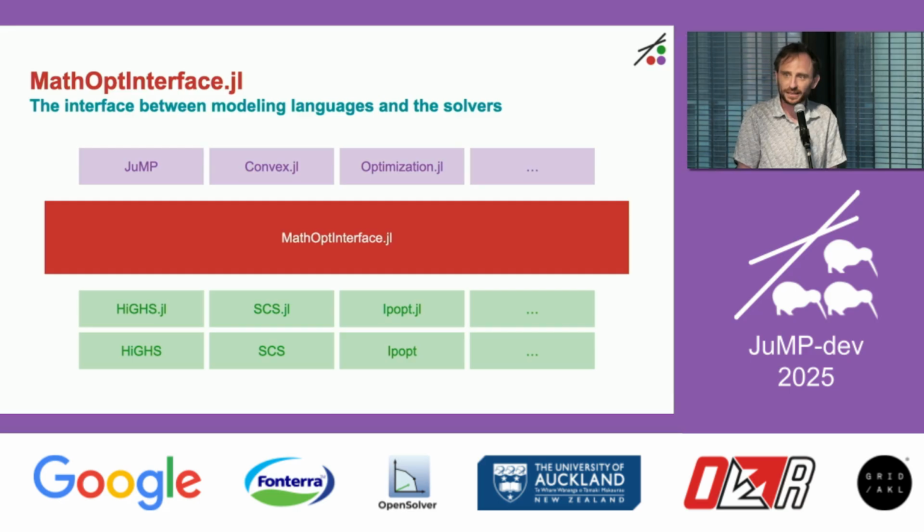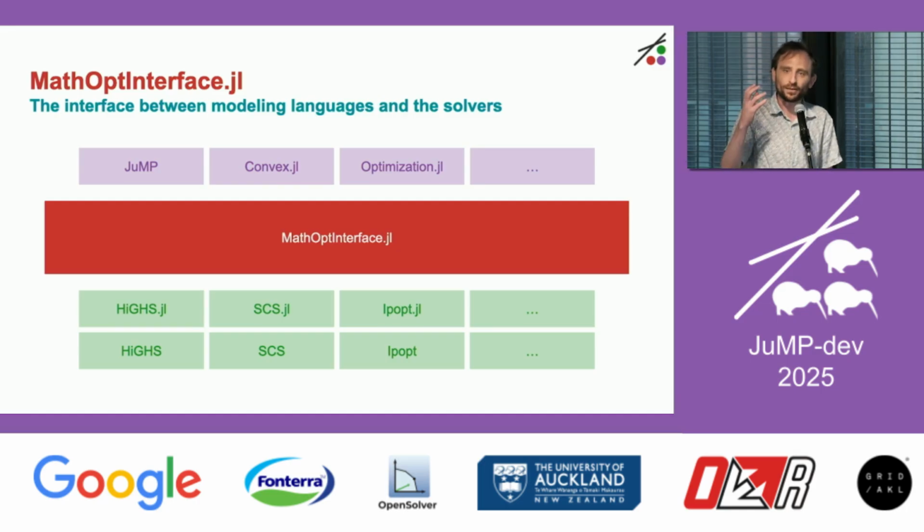So MathOptInterface is the layer that sits between JuMP and the solvers. So at the top, there's JuMP as like a user modeling language. There are other user-facing modeling languages in Julia. There's Convex.jl, which has been around for a long time, Optimization.jl, and maybe some others.